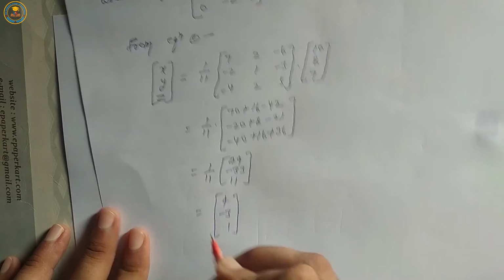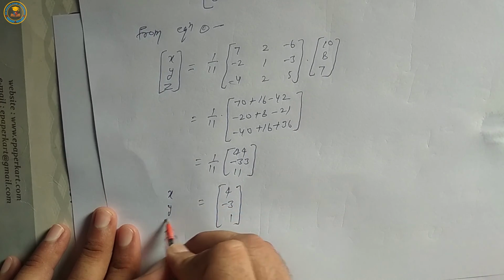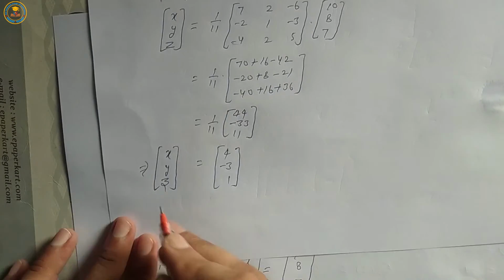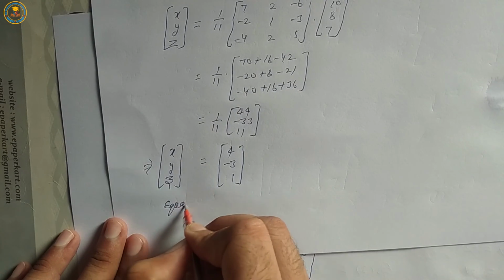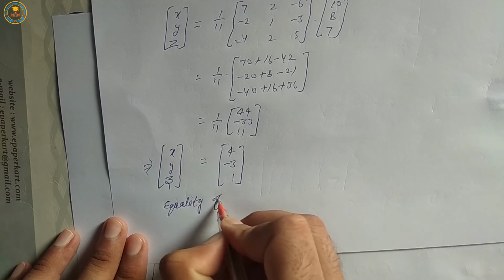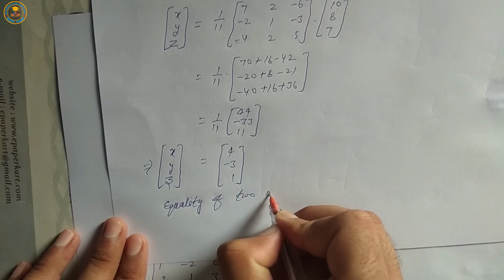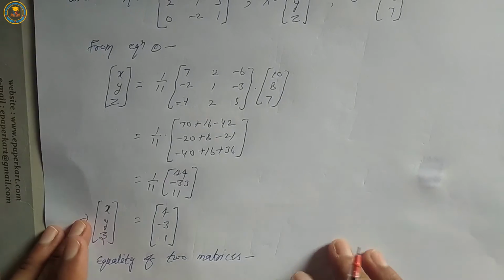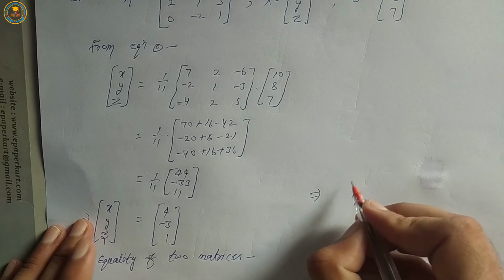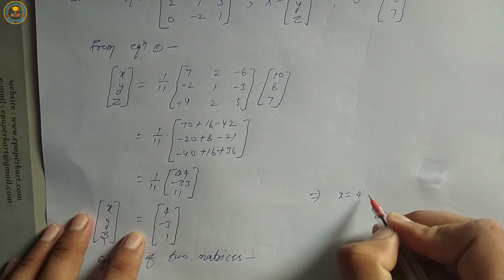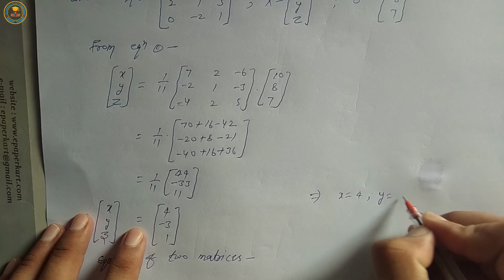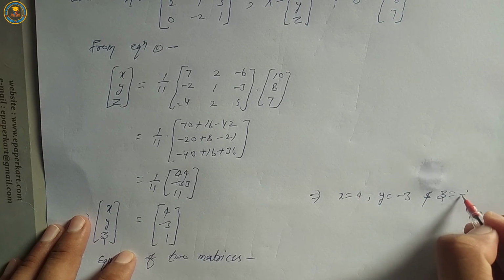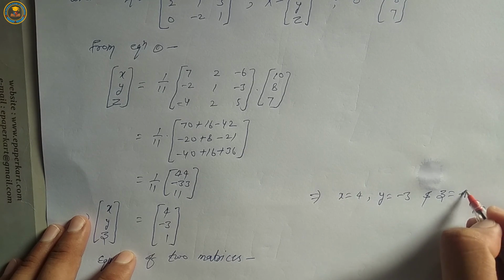Okay, matrix x y z. Equality of two matrices implies x is equal to 4, y is equal to -3 and z is equal to +1.